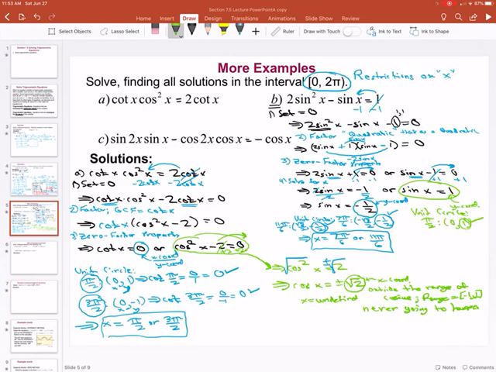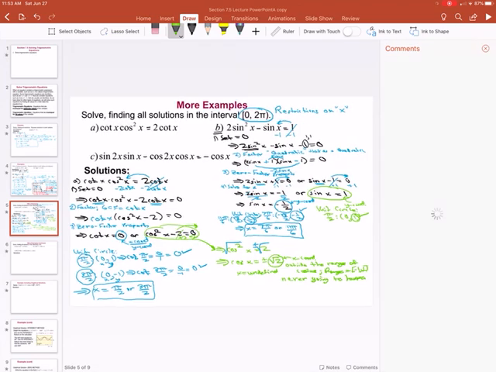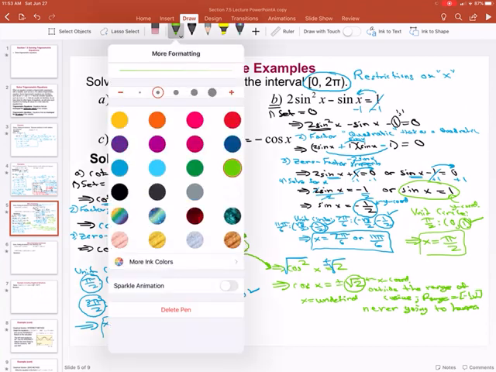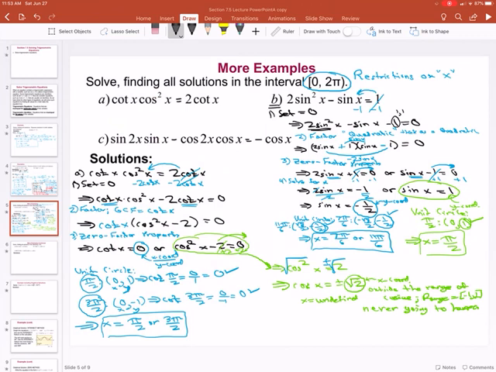There's that y-coordinate of 1. So that implies x would need to equal pi over 2, because sine of pi over 2 is 1. All right? So there's a solution. So altogether, in the end, we have 3 solutions to this equation. So if you want, we can put them all together.